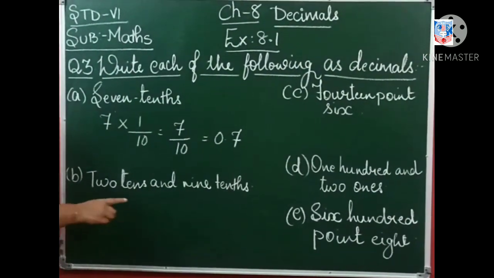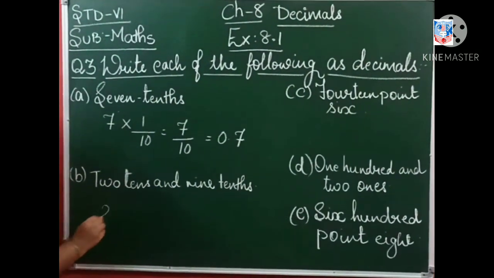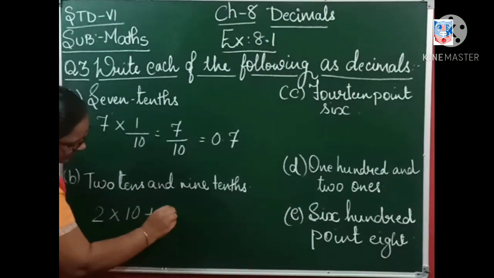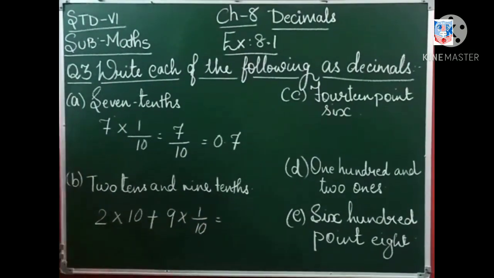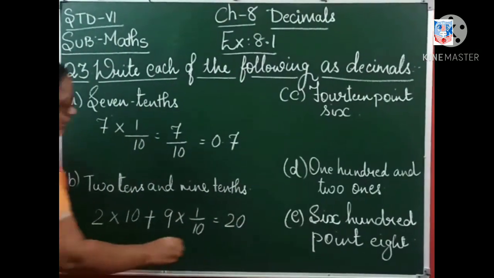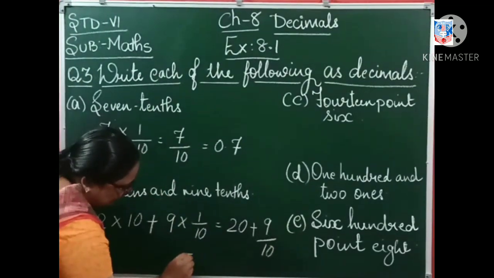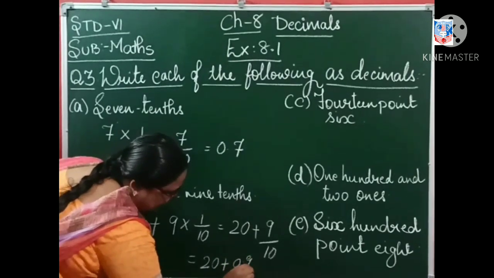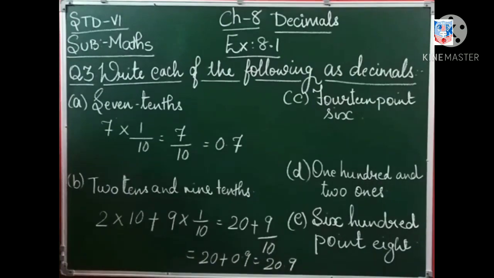Next, 2 tens and 9 tenths. 2 into 10 plus 9 into 1 by 10. 2 into 10, 20 plus 9 by 10 is equal to 20 plus 0.9 is equal to 20.9.